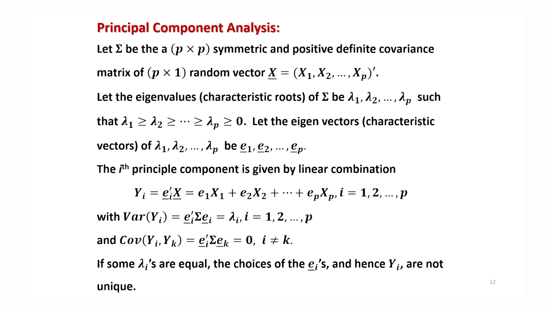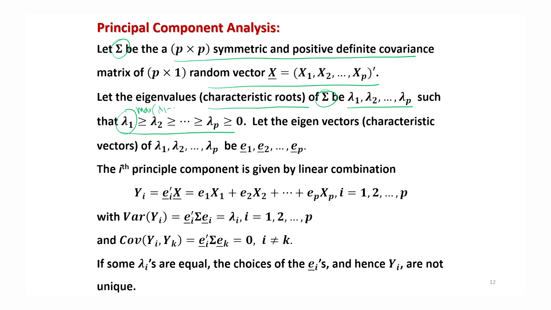We have assumed that sigma is a p cross p symmetric positive definite matrix of a random vector X. Because it is a positive definite matrix, all its eigenvalues are going to be positive. Suppose the eigenvalues or characteristic roots of sigma are lambda 1, lambda 2, up to lambda p, arranged such that lambda 1 is greater than or equal to lambda 2, and so on down to lambda p. So lambda 1 is the maximum value among all of them, and lambda p is the minimum value.